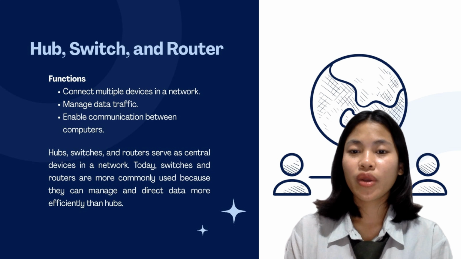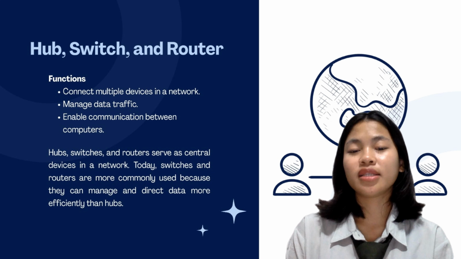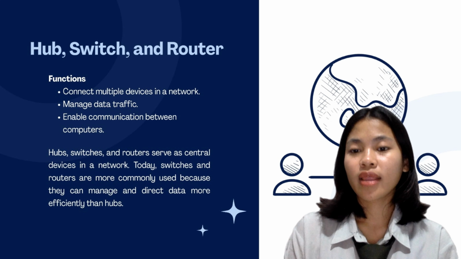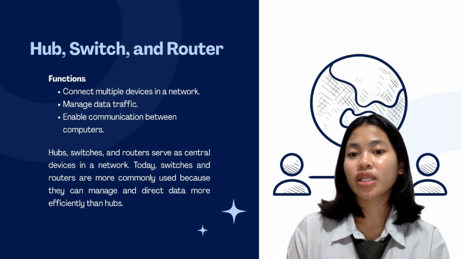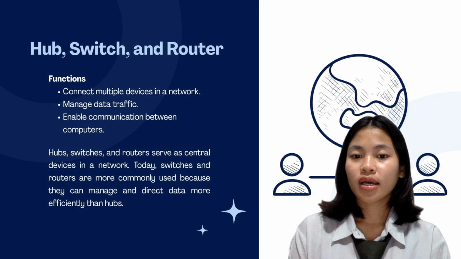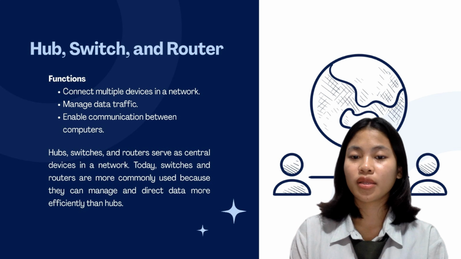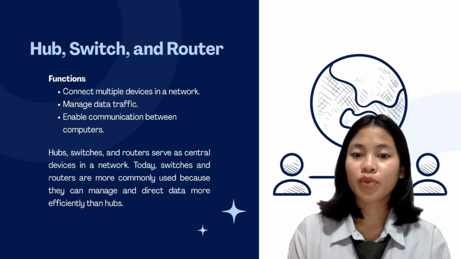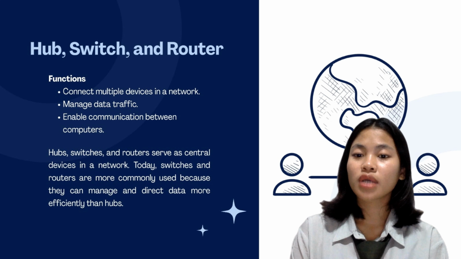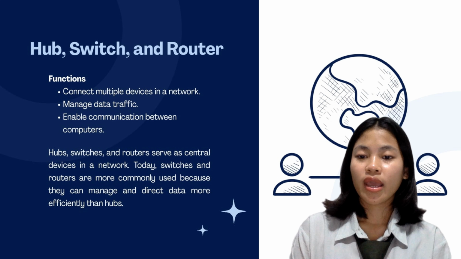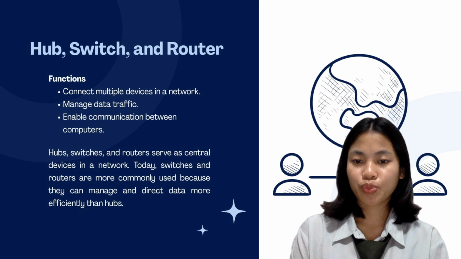Function: connect multiple devices in a network, manage data traffic, and enable communication between computers. Hubs, switches, and routers serve as central devices in a network. Today, switches and routers are more commonly used because they can manage and direct data more efficiently than hubs.